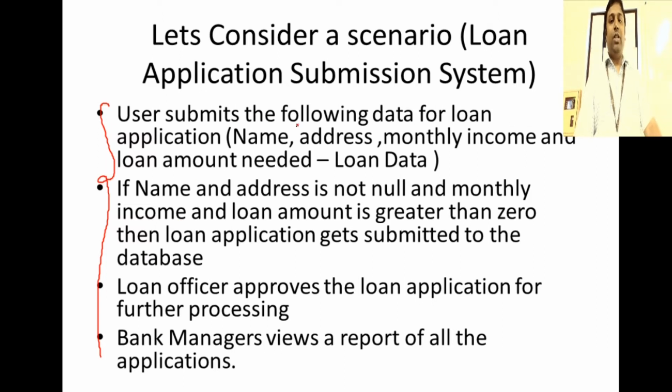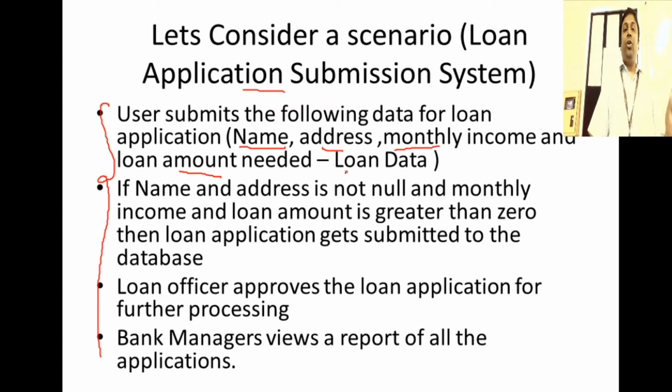Let's assume that the user, the bank customer, wants a loan and he is using your loan application submission system. For simplicity, assume that he fills in only this data: name, address, monthly income, and loan amount needed. I'm going to call that loan data. So the user submits the following data for loan application.